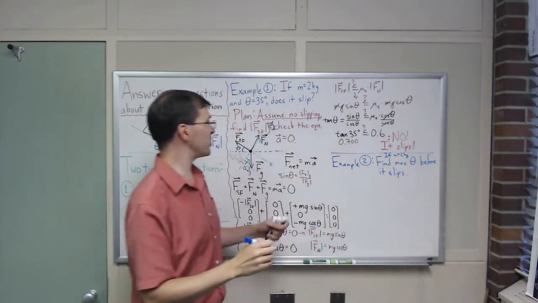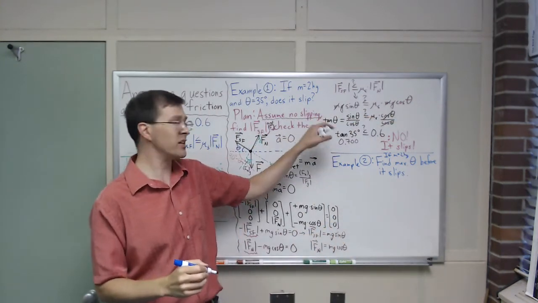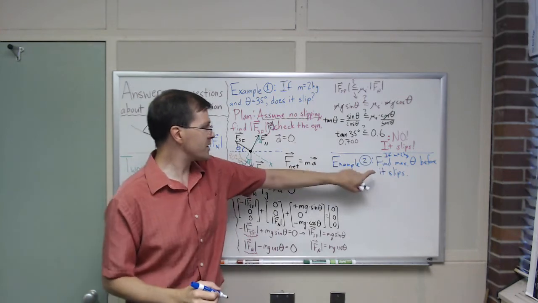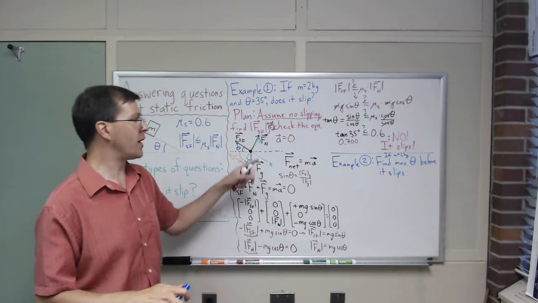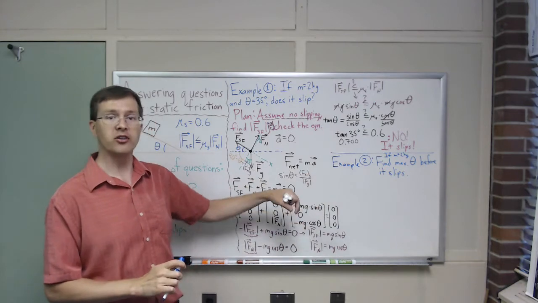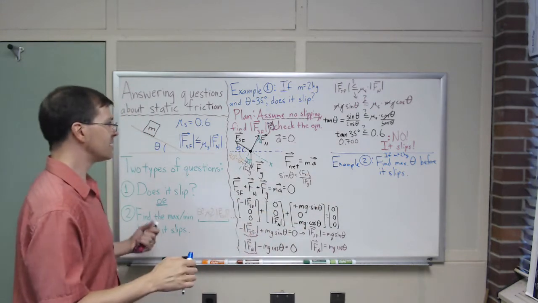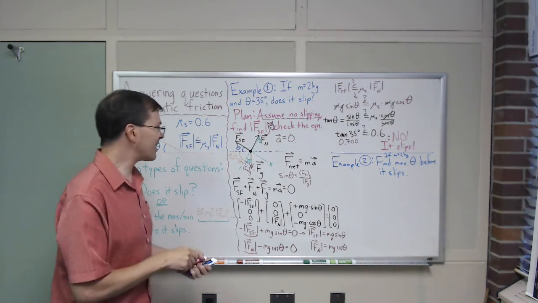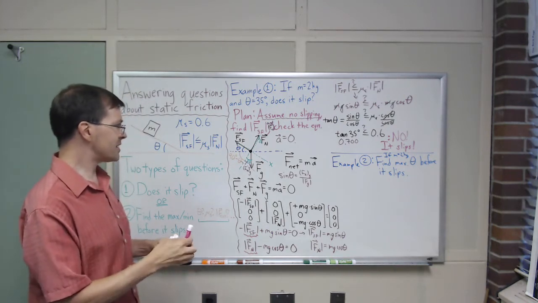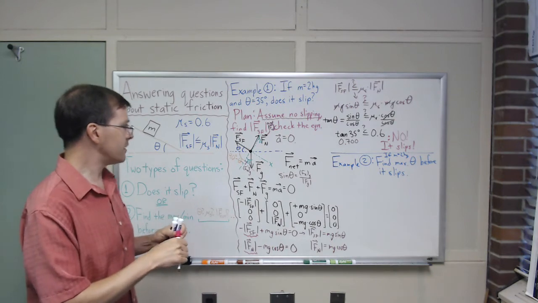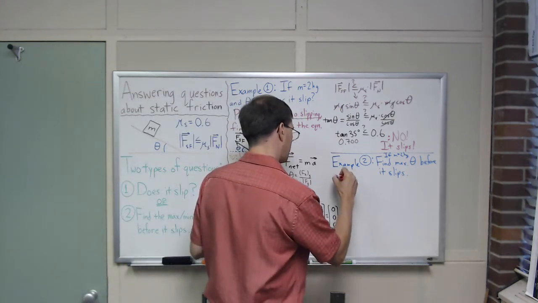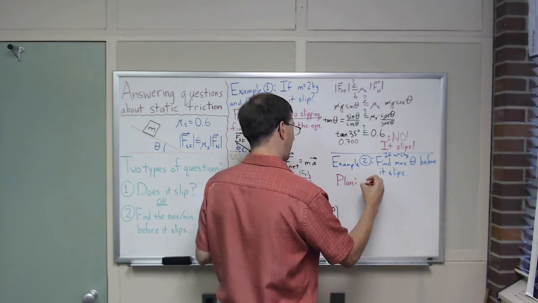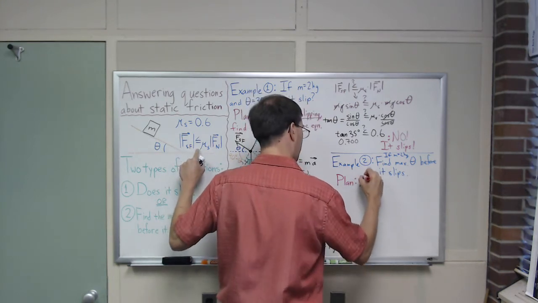I could have left it out. We saw a mass canceled out in this equation. I could have left out the mass here. But okay, so find the maximum angle. Okay, it's like, okay, wise guy, if it slips here, how far could we have tilted it before it slips? So in this case, this is finding a maximum of something. What we're going to do is, our strategy here, our plan is assume equality.